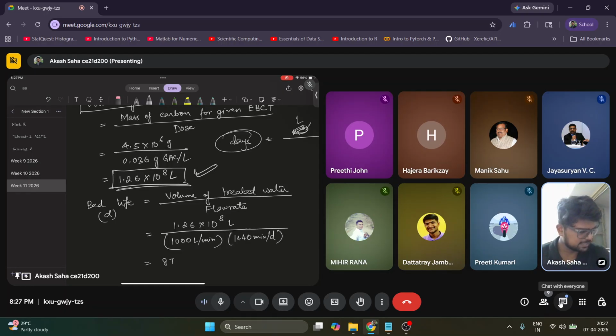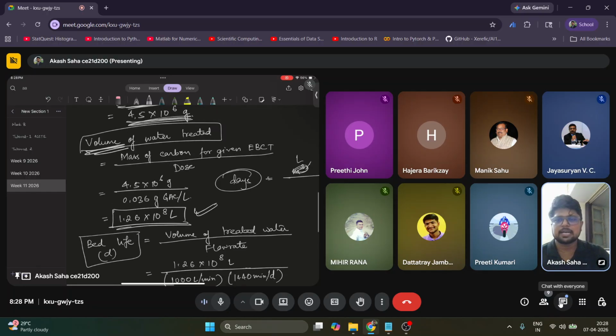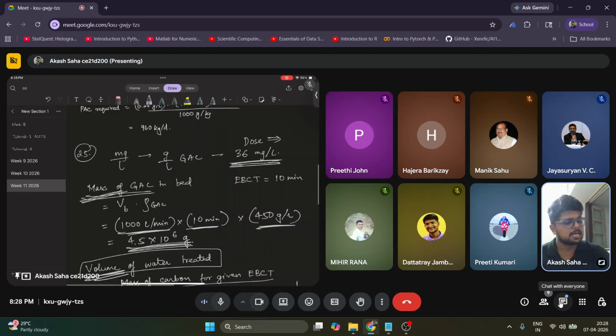So it is 87.5 days. After 87.5 days, we have to change it or regenerate it. So these are the design criteria points for the GAC column: bed life, how much volume of water can be treated, and how much mass of GAC is required. The first part remains the same, and the dosage part remains the same.